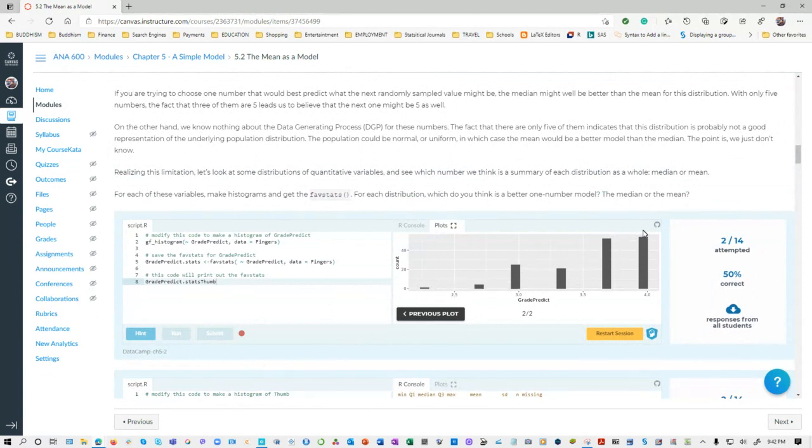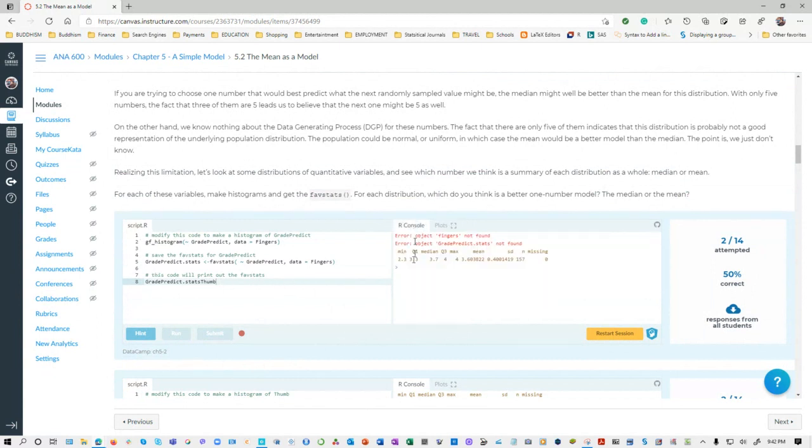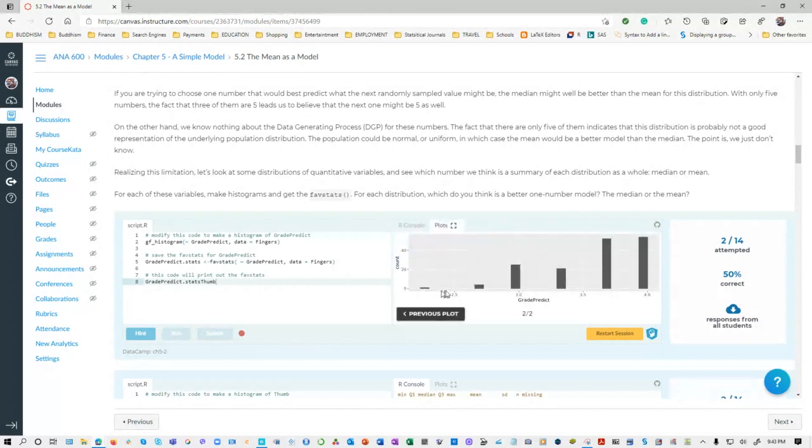See, that's why the shape and favorite statistics both should be taken into account. Okay, look at it number-wise: 3.7 and 3.6. They're close to each other. But when you look at the histogram, it tells a different thing. It says that because they're close doesn't mean they're symmetric.